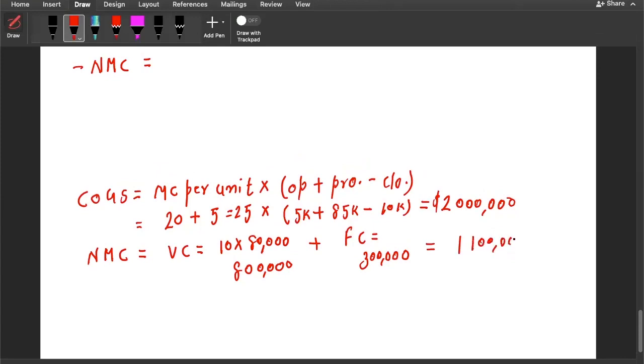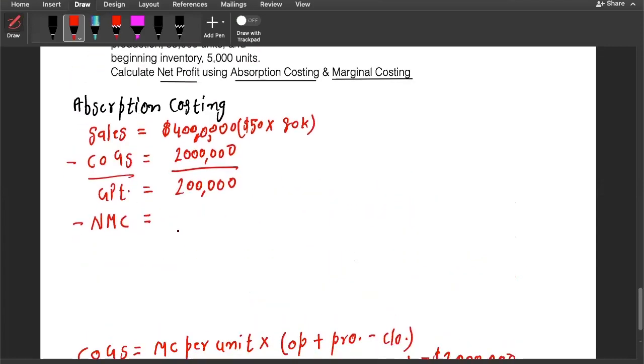Did you understand this number, everybody? This one is okay? Did you understand this? Okay, so that will be your non-manufacturing cost, 1,100,000.